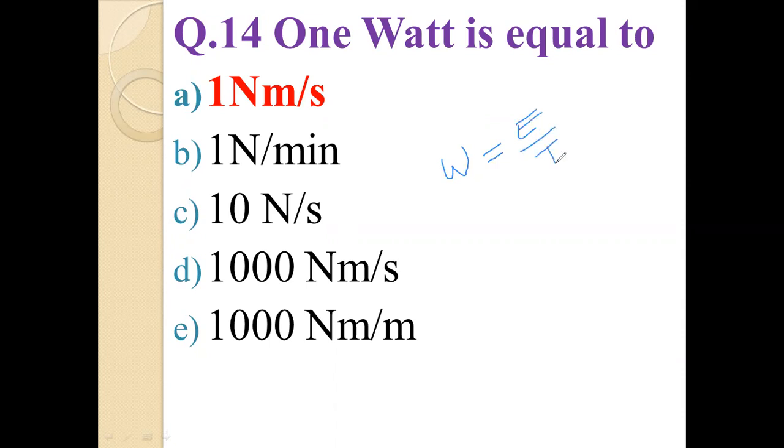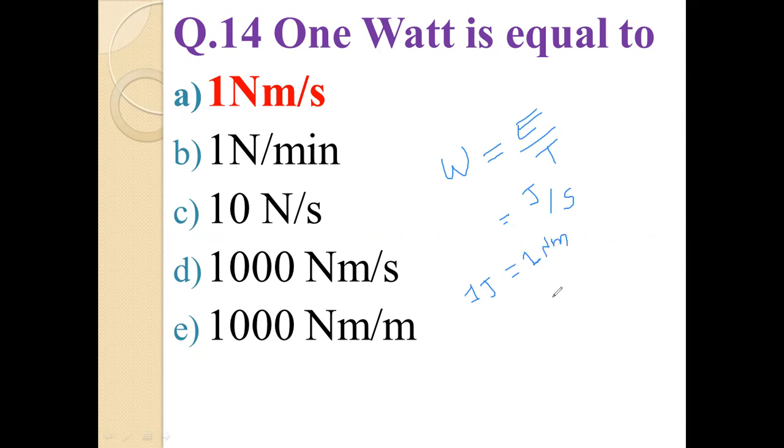The SI unit of energy is joule, so power is joule per second, but 1 joule is equal to 1 Newton meter.